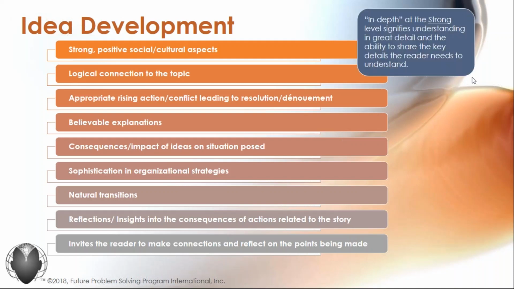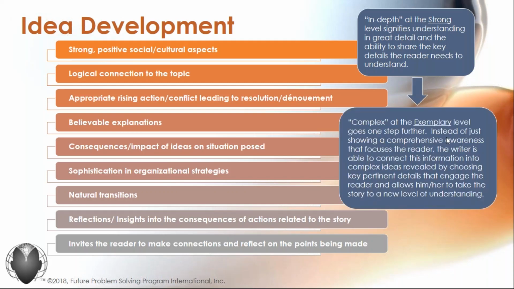Okay, we have an extra bubble here. In depth at the strong level signifies understanding in great detail and the ability to share the key details the reader needs to understand. Complex at the exemplary level goes one step further, and that's a good explanation of exemplary.